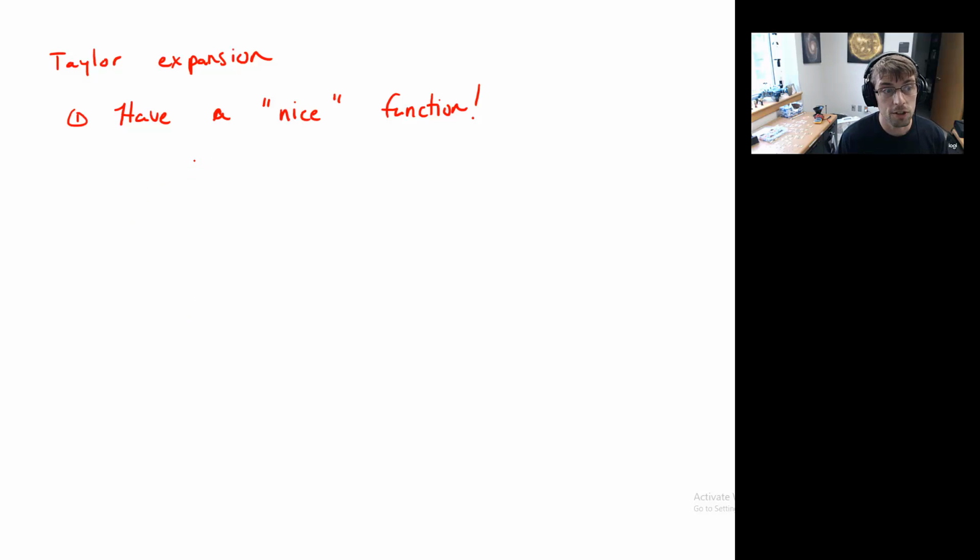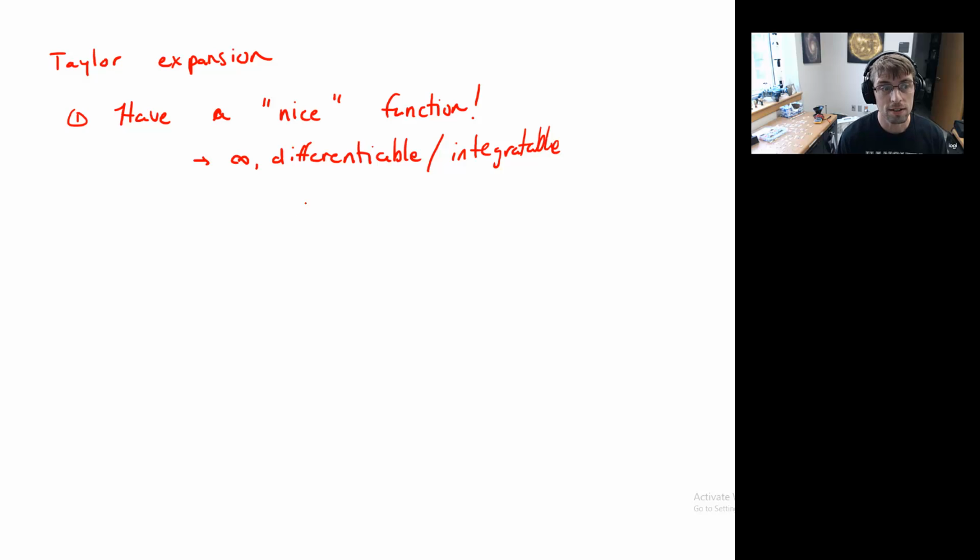A nice function is something that I'll call infinitely differentiable. And can I say integratable? Probably integratable as well. Okay. In other words, there are no cusps, there's no discontinuities, etc., etc.